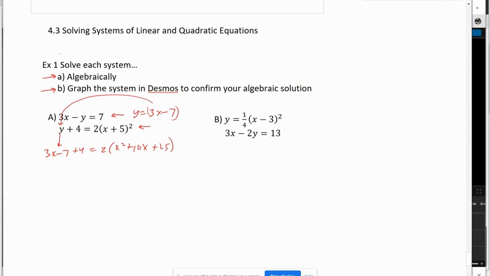And so now I have 3x minus 3 equals 2x squared plus 20x plus 50. And so I have 0 equals 2x squared plus 17x plus 53.